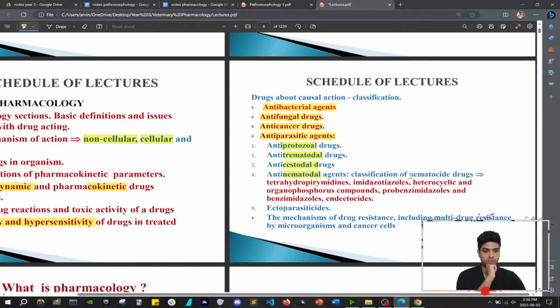And then classification of nematode drugs: anti-nematodal or nematocide drugs. This I'll come to. And then ectoparasiticides. Okay. Wow. So antiparasitic is split into categories: protozoal, nematodal, cestodal, trematodal, and then ectoparasiticides.